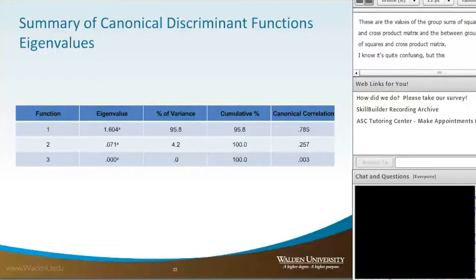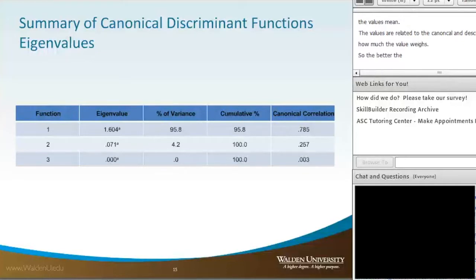The eigenvalues are related to the canonical correlations and describe how much of the discriminating ability a function actually possesses. The magnitude of the eigenvalues is indicative of the function's discriminating ability. So in essence, the larger the eigenvalue, the better the function is. We have percentage of variance.